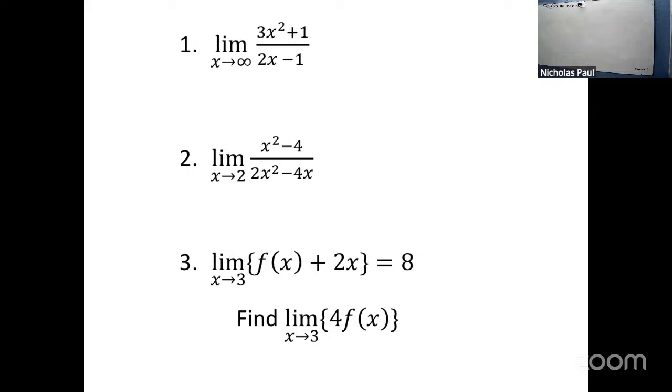Did the first one work out? Yeah, probably an error in the first one, sorry. I think I typed it out wrong. Right?